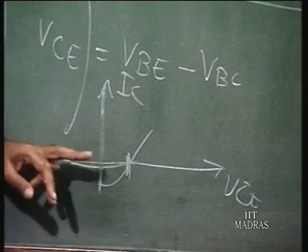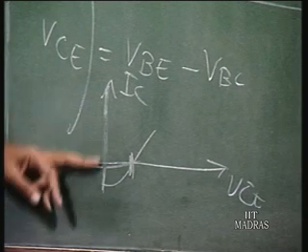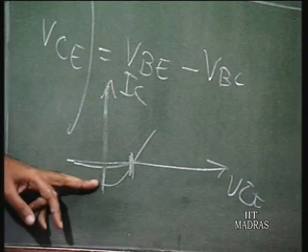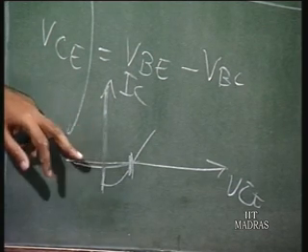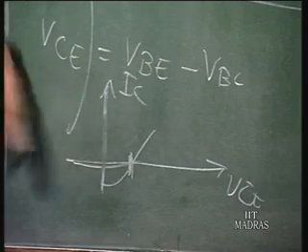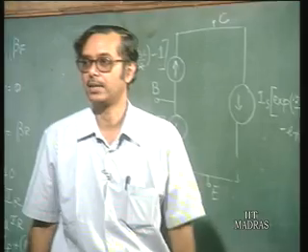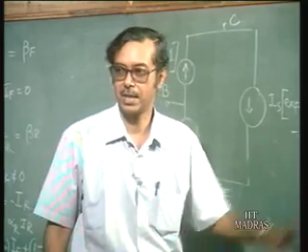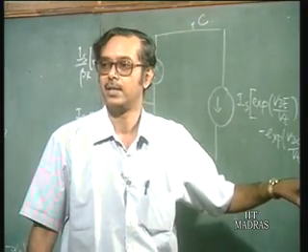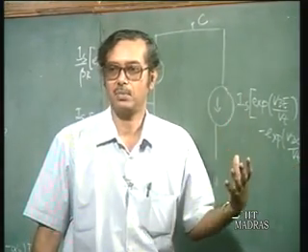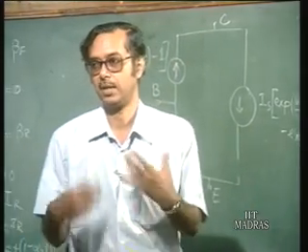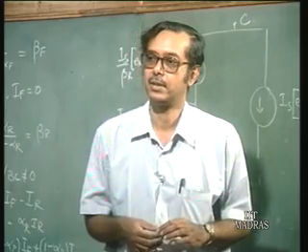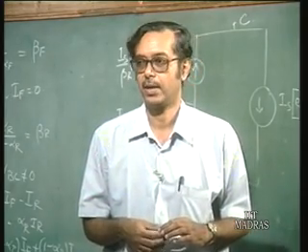It is slightly positive, and at VCE equal to 0, IC is slightly negative. We shall see that this transistor is actually operated at this point when we discuss TTL circuits. There is a particular region, I wanted to introduce this here itself. So, we have seen the Ebers-Moll model of the bipolar transistor, which we shall be using sometime later on in the course. Thank you.